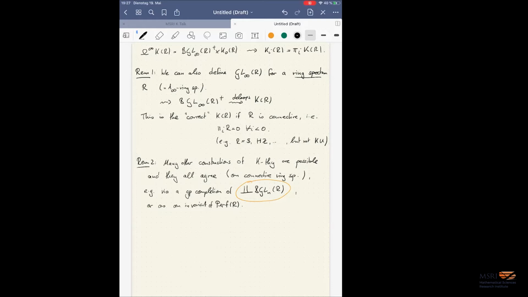You can simplify K-theory in some cases by rationalizing. So for example, Ki of the integers is not known in general, although we know a lot about it.